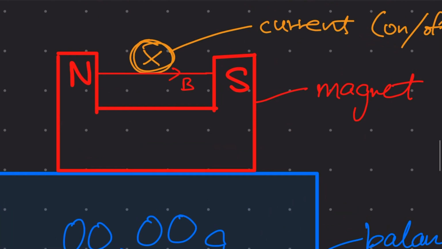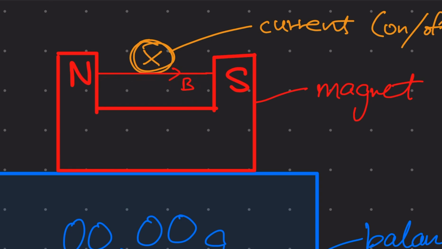Okay, and let's just quickly use our Fleming's left-hand rule. If I have a current pointing into the page, your middle finger should be pointing into the page. And you also have a B field, the magnetic field, pointing from north to south.